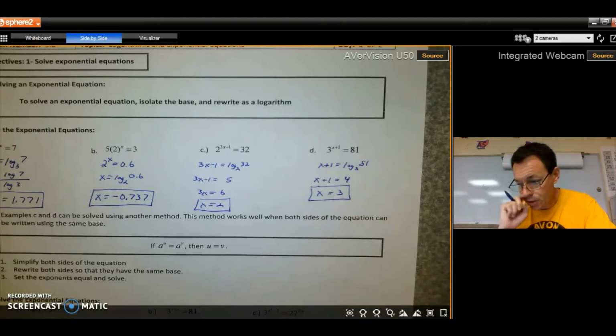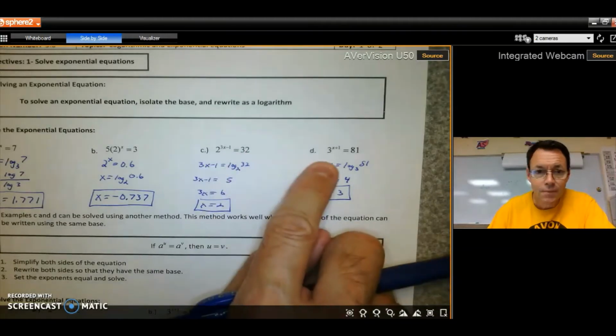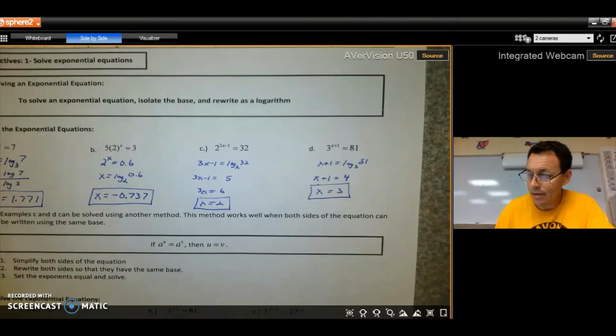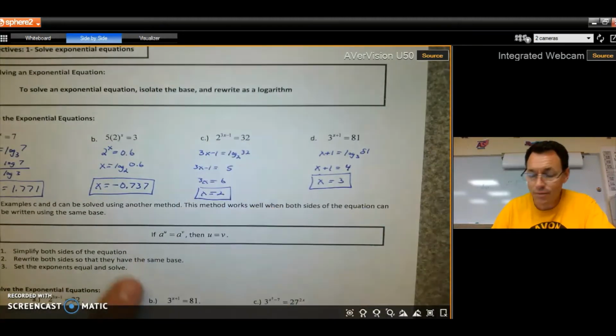But I am going to show you another way to do C and D, and this is going to help us with some other types of problems, where we don't just have a base to a power equals a number, we have a situation like this, where we have a base to a power equals a base to a power. Now notice the two bases are identical. That's important.